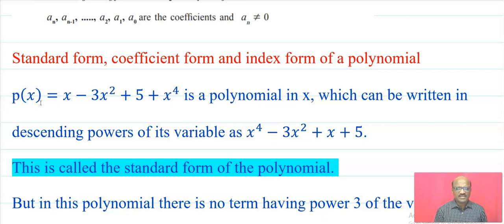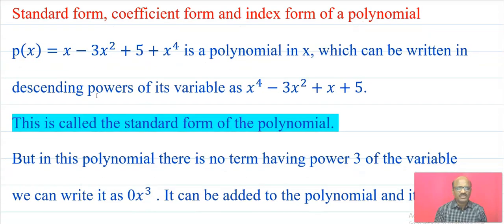Therefore it is written as p of x. x minus 3x square plus 5 plus x raised to 4 is a polynomial in x, which can be written in descending order of powers of its variable. What is the highest power? x raised to 4. Then minus 3x square. Then x, and lastly the constant. Therefore, the polynomial is written.